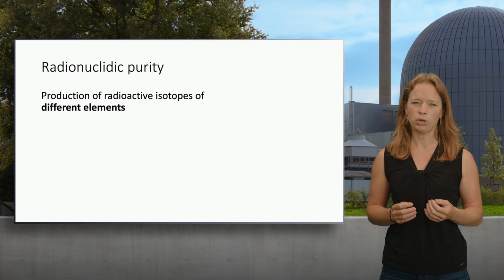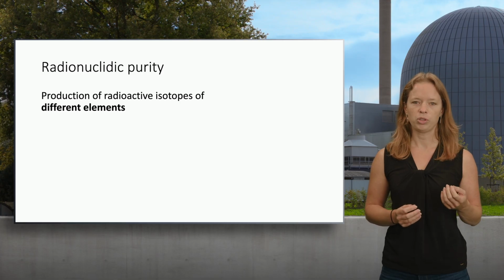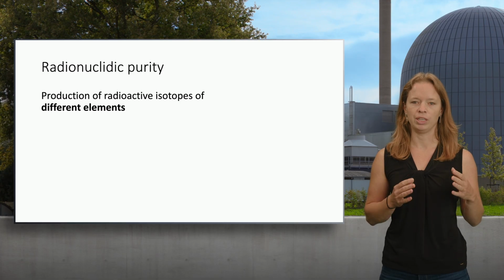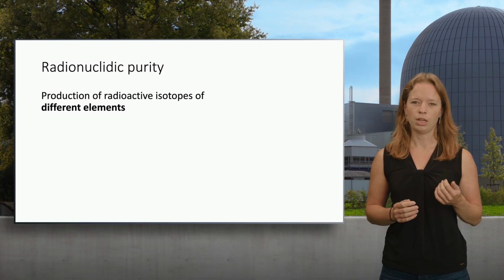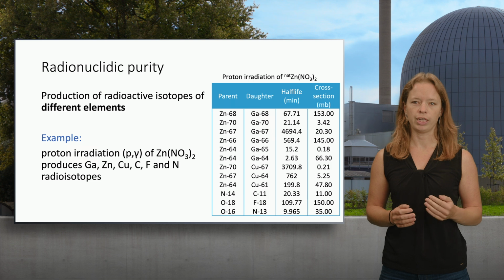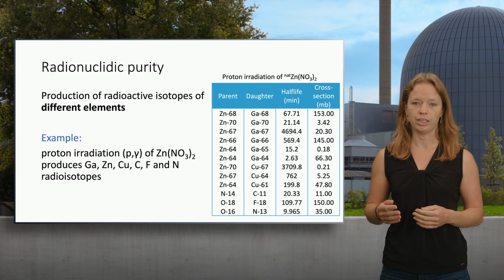However, we also do not want our product to be contaminated with other radioactive elements. The radionuclidic purity describes the presence of radioactive isotopes of different elements in your sample. For example, look at the proton irradiation of zinc nitrate targets to produce gallium-68. Both the zinc, as well as the nitrogen and oxygen in the sample, are activated by the protons.